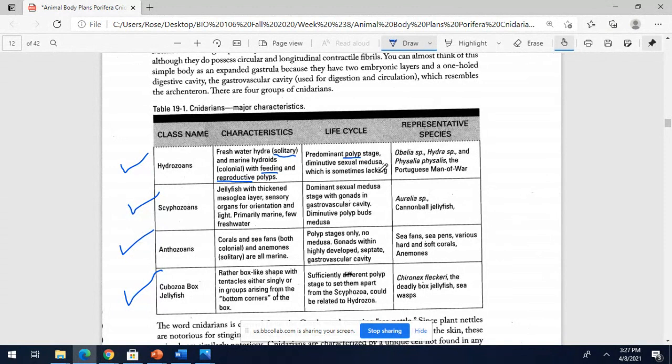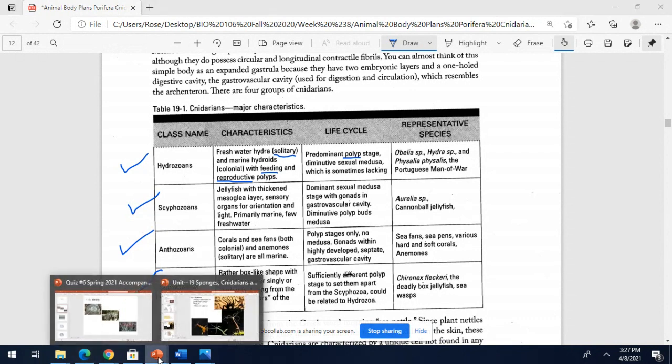And some of them do not have a medusal stage. Our examples here are the Obelia, which we'll talk about, the hydra, and Physalia physalis, that's the Portuguese man of war. So let us look at the hydrozoans.